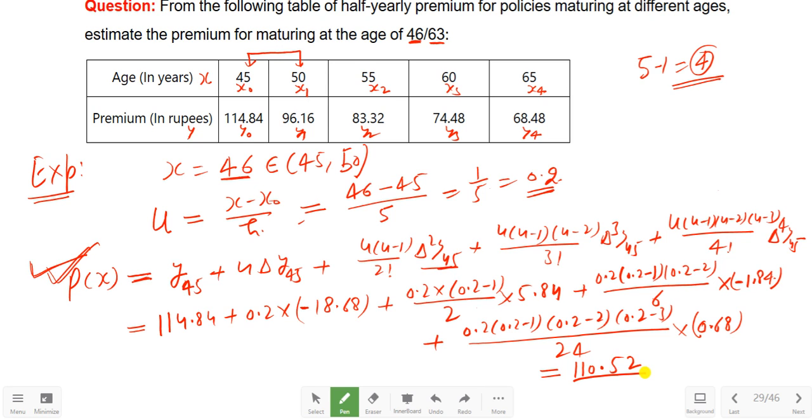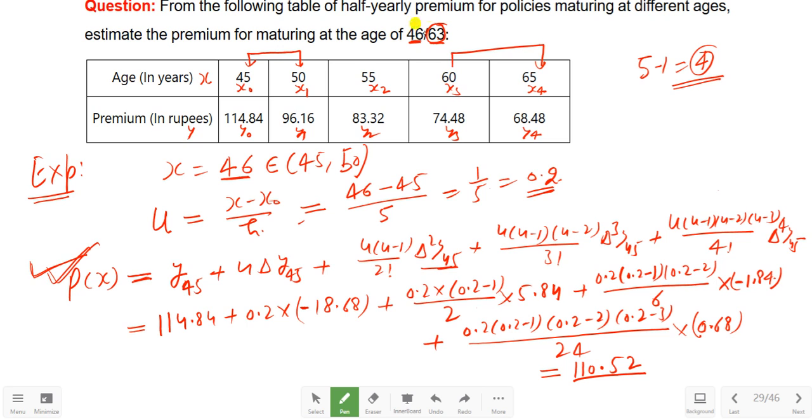So this is the way to compute the premium at the age of 46 years. Now our aim is to compute the premium at the age of 63 years. In that case, this 63 years lies between 60 and 65.